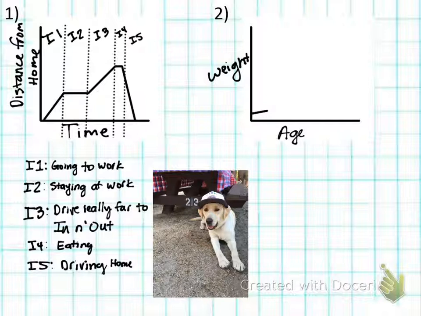And then she started to really grow for a few months. Right? That's really what happens. And then she started to slow down. And now, maybe it's going up slowly.